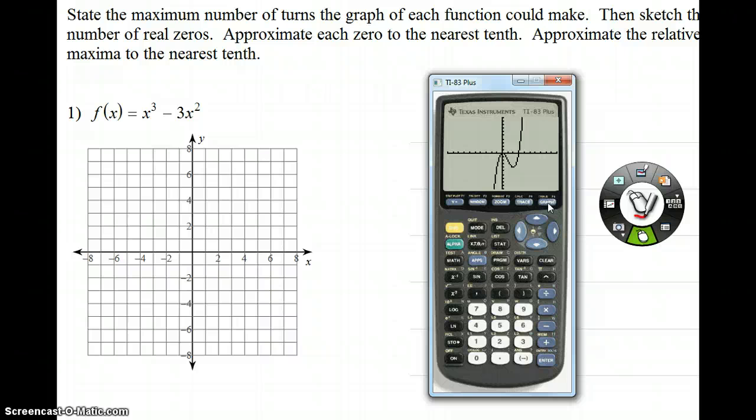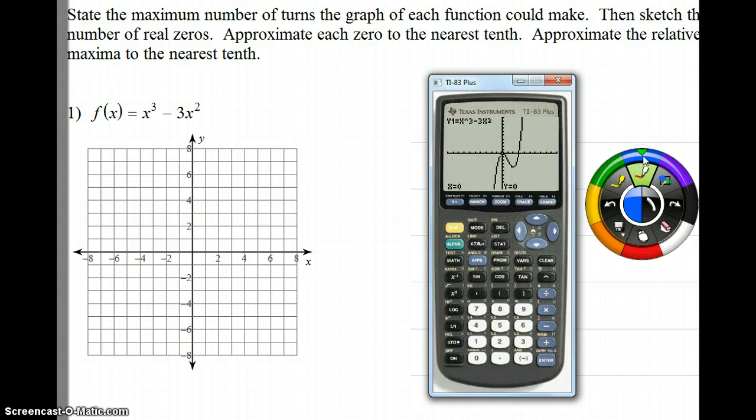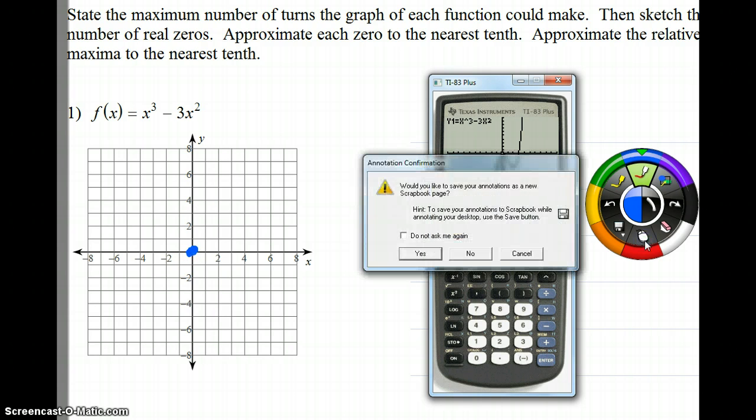A couple different ways you can do it. One of the ways is to hit trace and see that we have the point 0, 0. Again, I'm afraid that if I put 0, 0 on my graph and then go back to my graph, I might lose that.